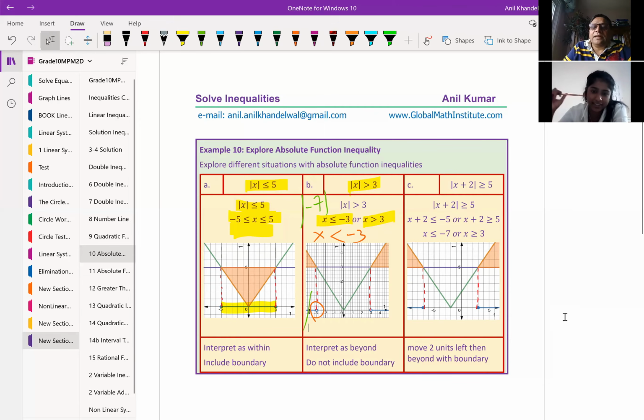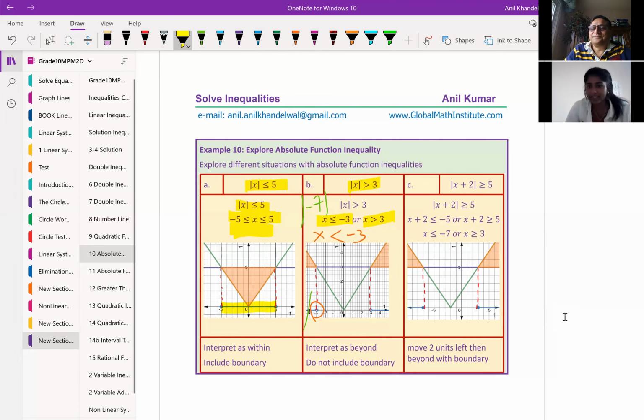That's right. Now the next example here is absolute value of x plus 2 which should be greater than or equal to 5. In this particular case, how are you going to solve? Can you please tell me? Okay, let's start from the basics. We know it's greater than or equal to, so we know it has to be away. Away, that's correct. Very good. When we were dealing with the absolute function of x, we know the cusp corner is at the origin.